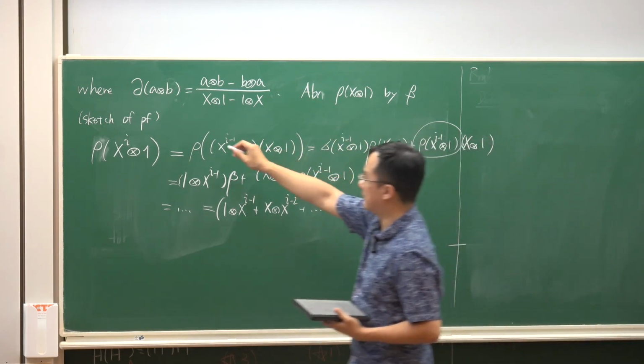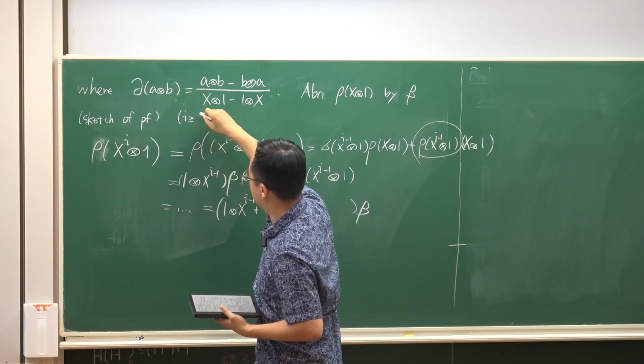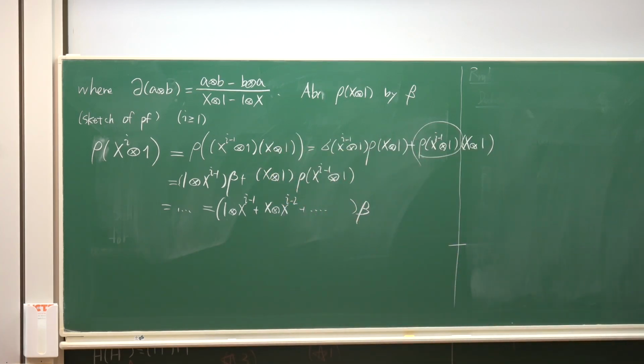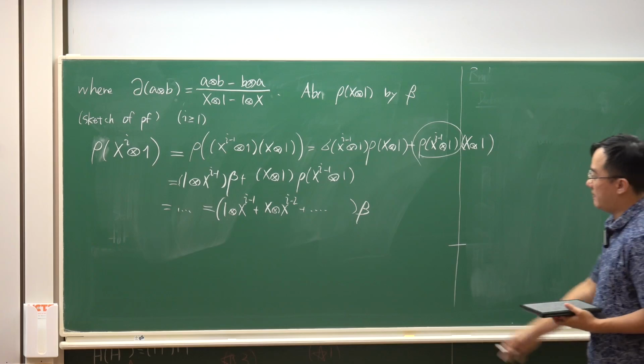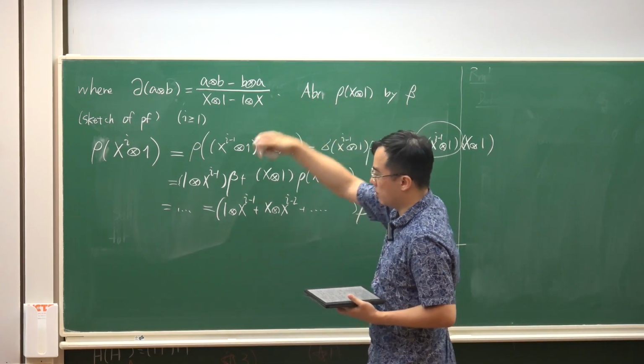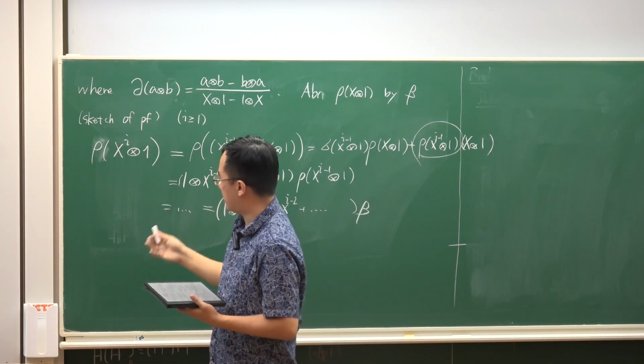By the way, here let me assume first I is greater than or equal to 1. If I is negative, you can prove it the same way. So this describes, on one hand, how you get this formula, and then you need to prove the other one, and those are all similar.